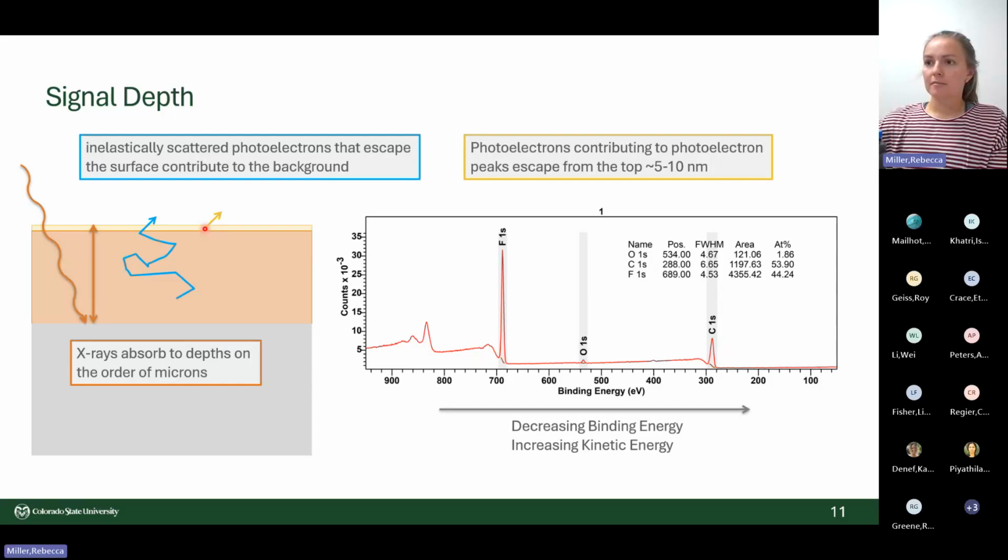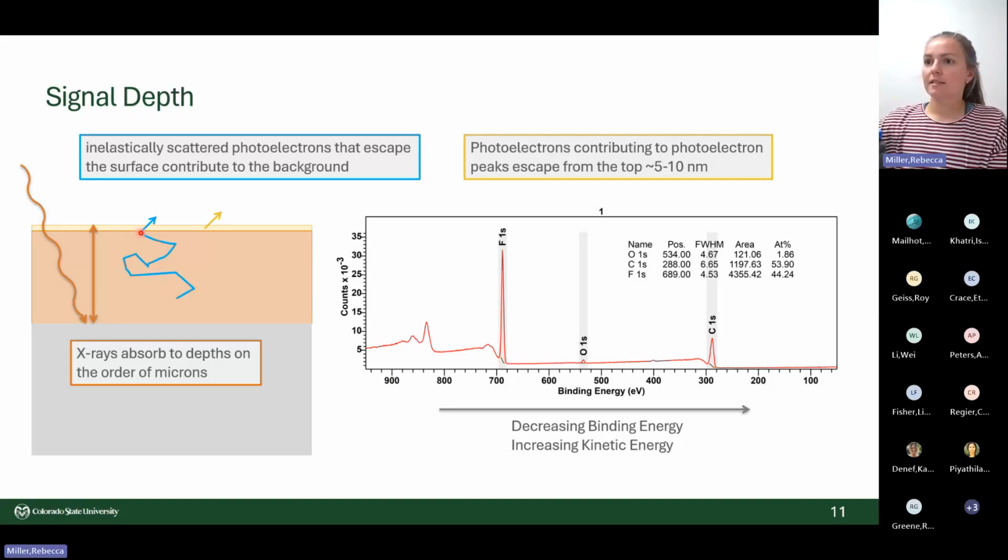Electrons that are kicked out of atoms close enough to the surface of the sample that they don't scatter and lose energy before making their way to the detector are what contribute to these photoelectron peaks. So this peak is composed of electrons detected coming from fluorine 1s shells that hadn't lost energy from scattering, and come from probably the top 5-ish nanometers of the surface of your sample.